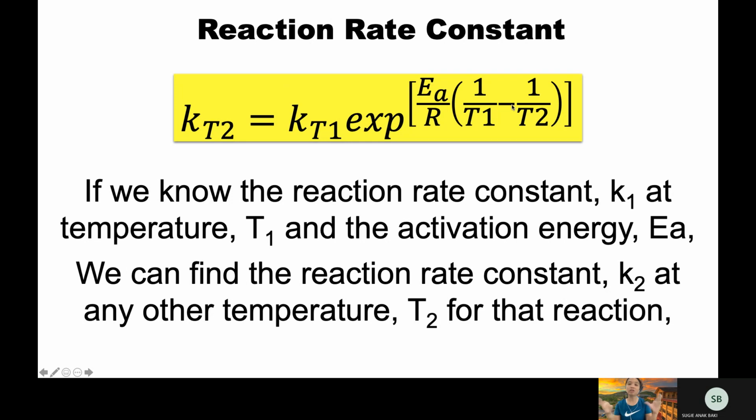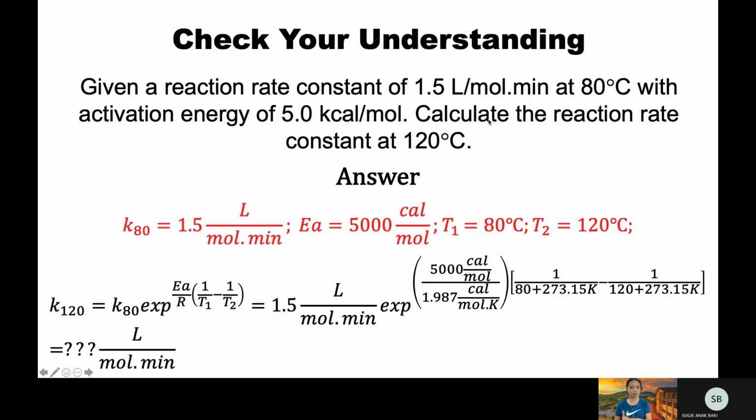Actually this is mathematics, so you can do the derivation. By right, it is minus EA per R in bracket 1 per T2 minus 1 per T1. That's why the negative is multiplied into the bracket, so it becomes 1 per T1 minus 1 per T2, and the negative sign is no longer there. Okay, by right, that's why it becomes that way.